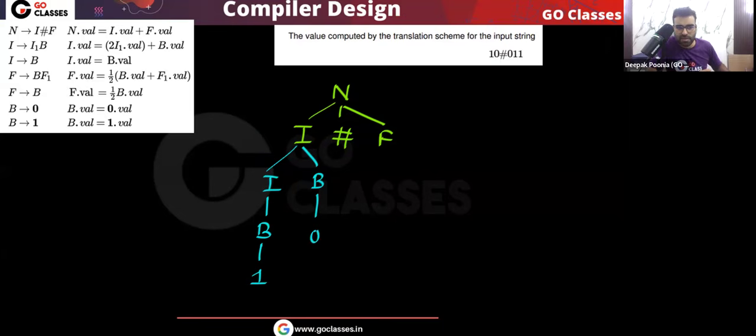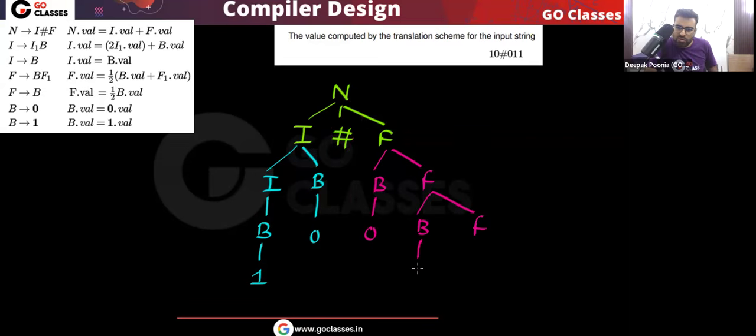Now let's see to the right of hash. Here I want 0, 1, 1. So this F will go to BF. This B will go to 0 and this F will again go to BF, because to the right of hash I want 0, 1, 1.